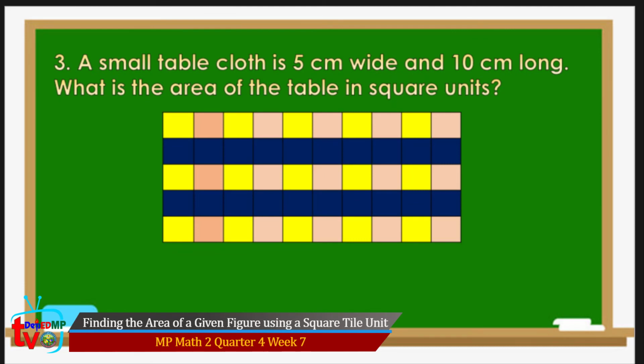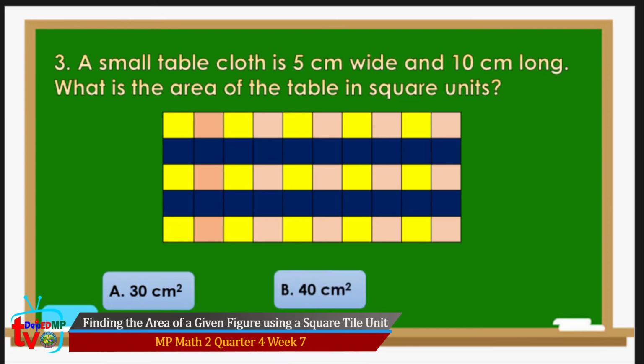A small tablecloth is 5 centimeters wide and 10 centimeters long. What is the area of the table in square units? Is it A, 30 centimeters square, B, 40 centimeters square, or C, 50 centimeters square?